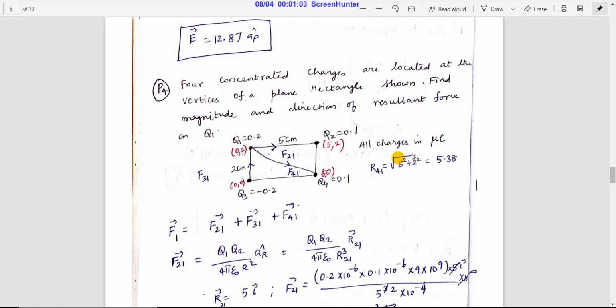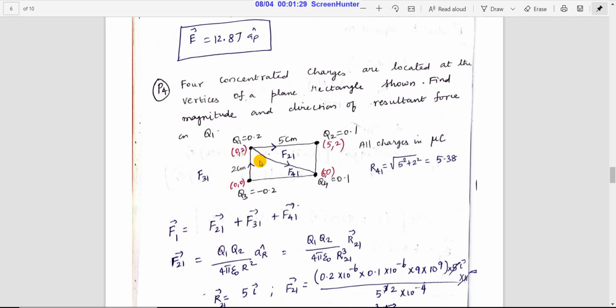Q1 has 0.2 microcoulomb, Q2 has 0.1 microcoulomb, and Q3 and Q4 have minus 0.2 and 0.1 microcoulombs. We have to find the force on this particular Q1 charge due to the charges Q2, Q3 and Q4.